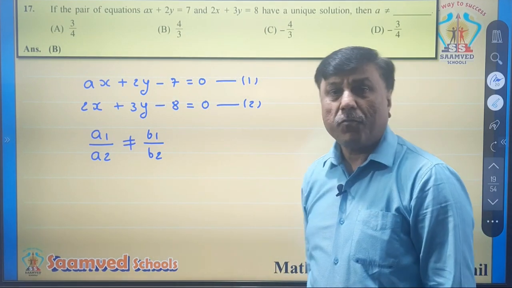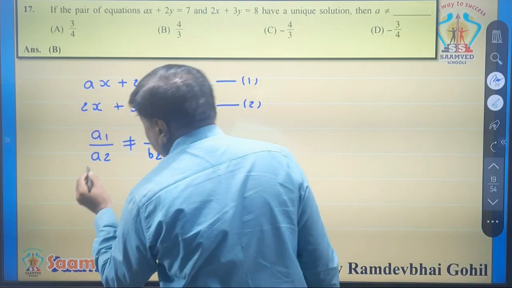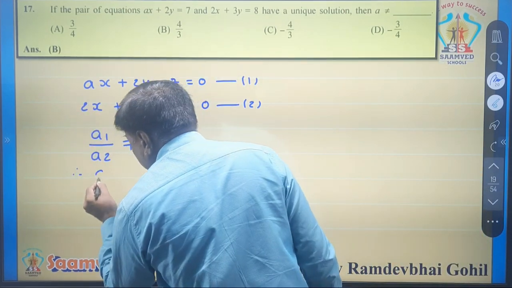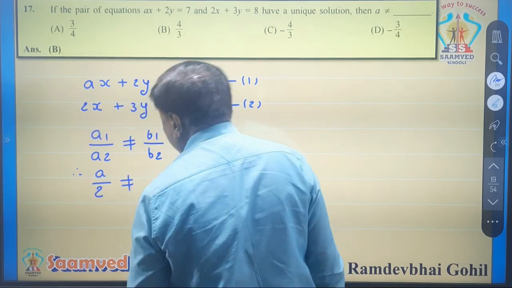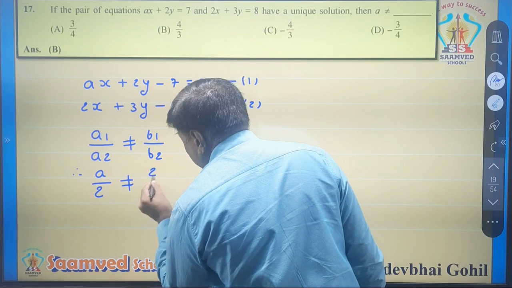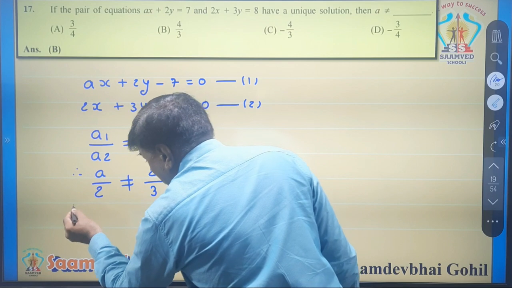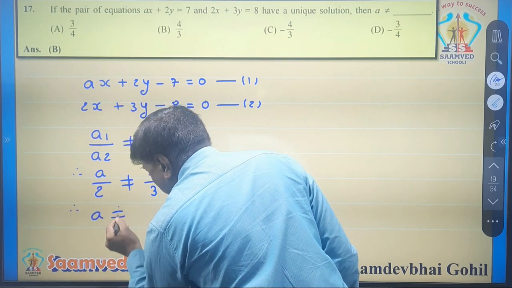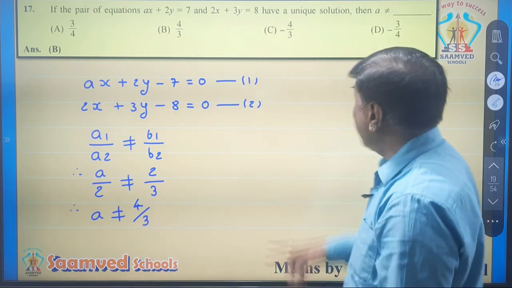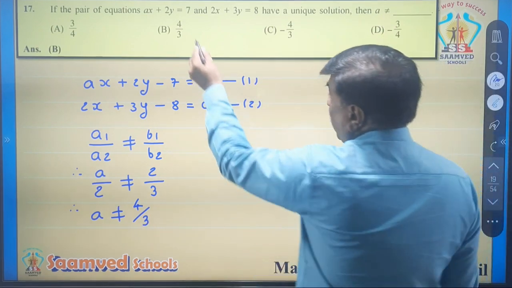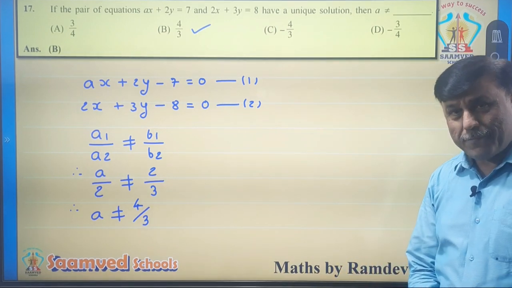This is the condition for a unique solution. So a1 means a upon a2 means 2 does not equal b1 means 2 upon b2 means 3. So a does not equal 4 by 3. Option B is the answer. Clear?